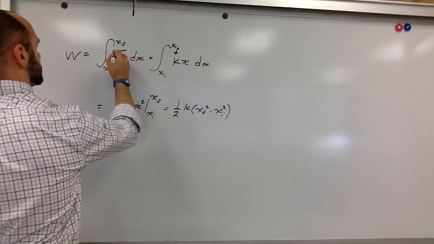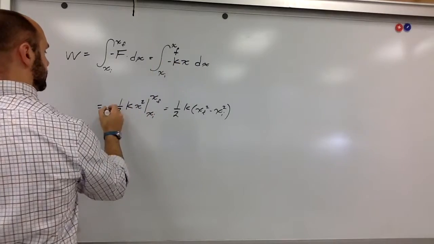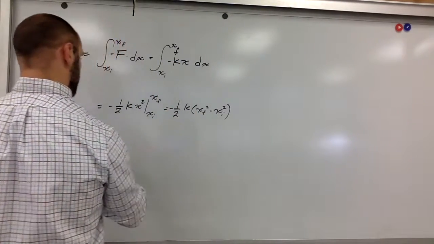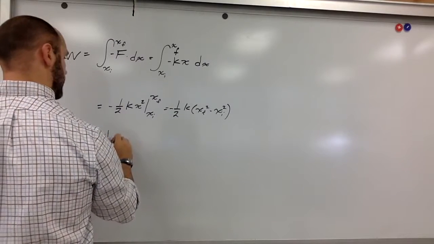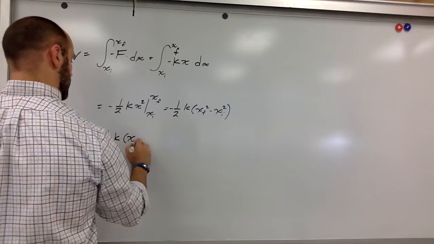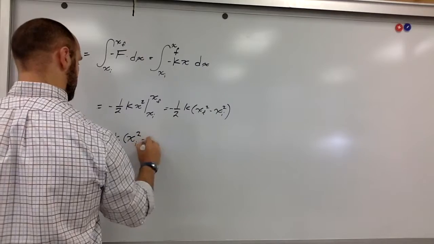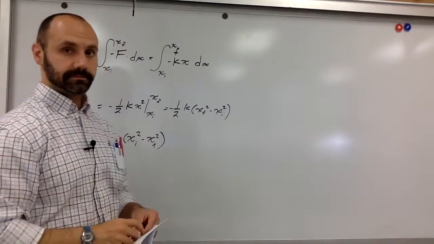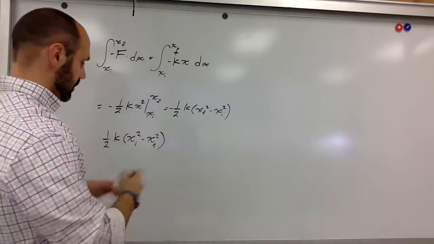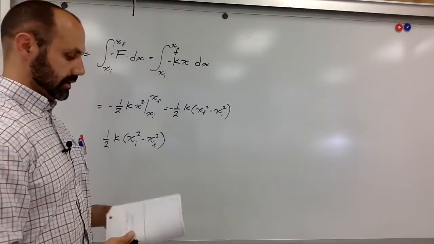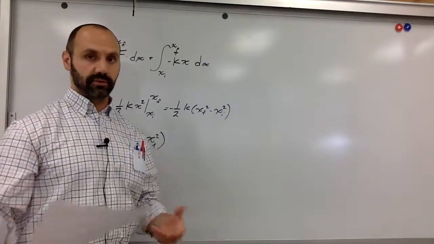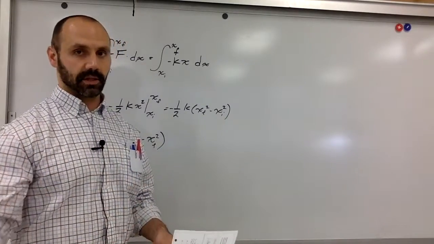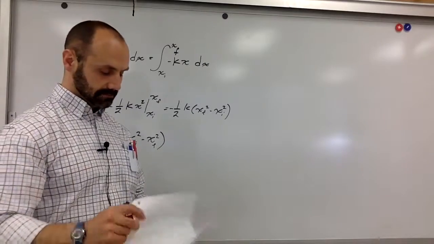Except that this is negative, and since I still have the negative in front, the work done by the spring will be 1/2 k (xi squared minus xf squared). Notice it's just the negative of the one that we had before, right? And so as long as we have both of those forces there, energy is conserved, because the work done by the person is the same as the negative of the work done by the spring.